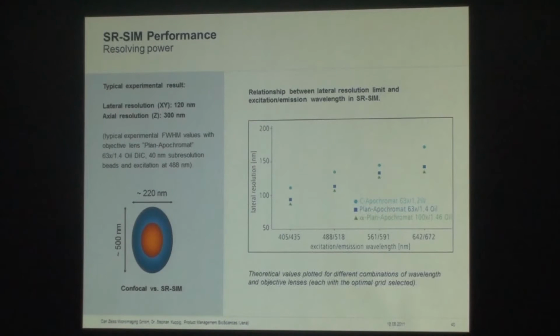So between green and orange, it is pretty much the same. But if you use 405 and 642, there will be a huge difference. So when you study co-localization of two proteins, for example, I would not use a 405 label and a 642 label. I would use a 488 and a 561, although they are closer to each other.